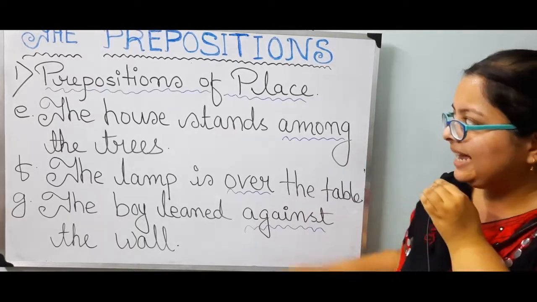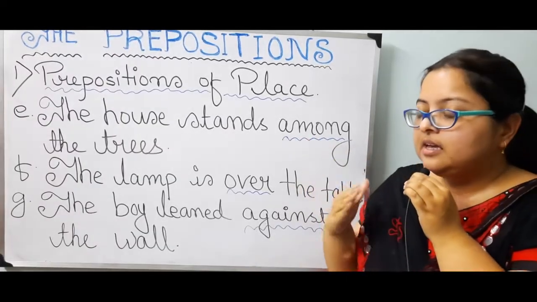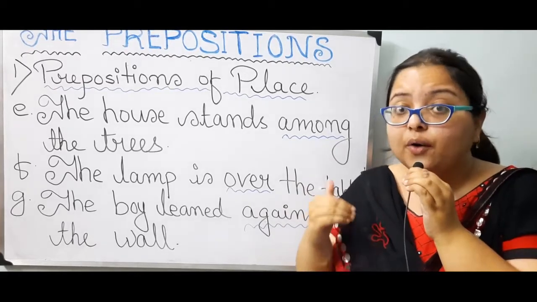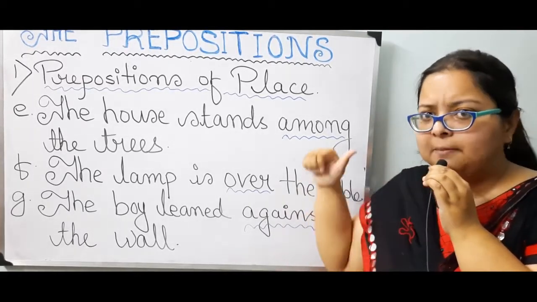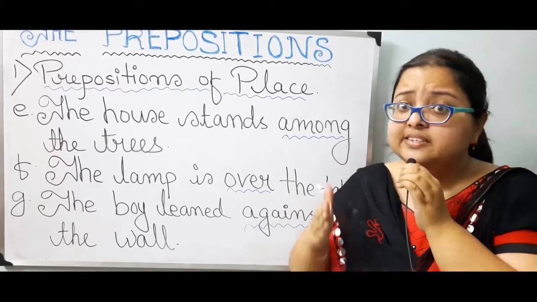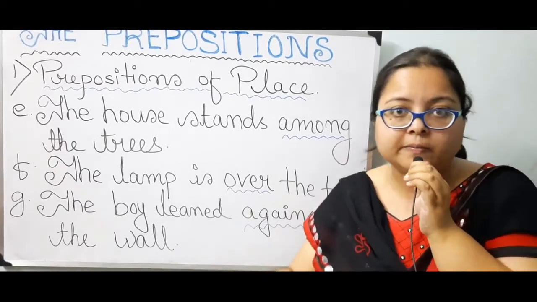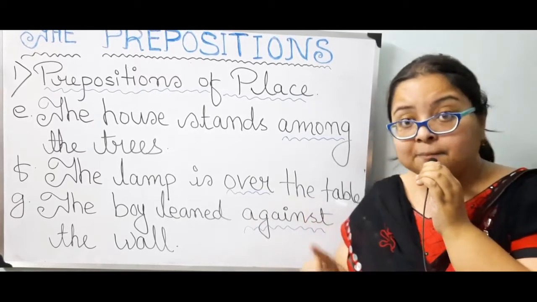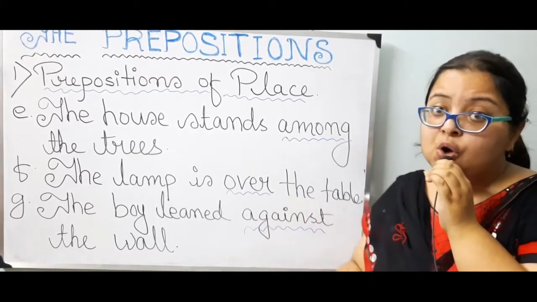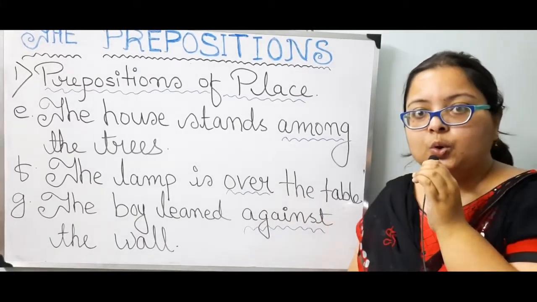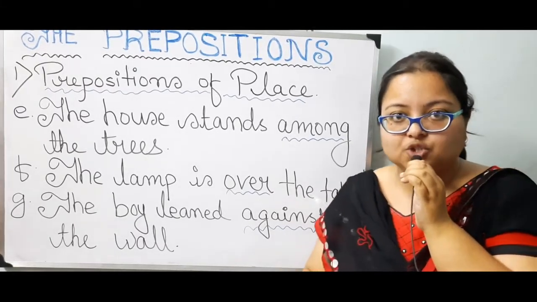But in case you have more than 2, then you are going to definitely use among. Between is used when you have anything 2 in number. But among should be used when you have more than 2 numbers as such.